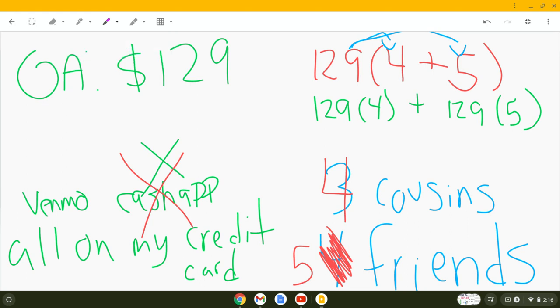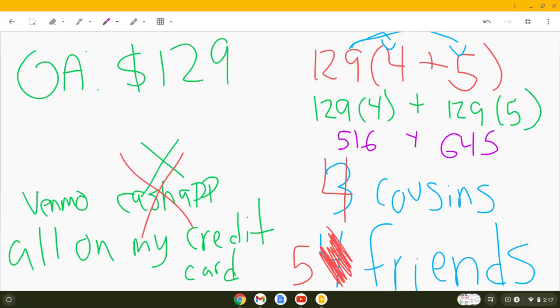Take my calculator there, I'll see that this is going to be $516 for 4 people. And if I'm multiplying the $129 here with my 5 other last minute friends, that's going to be 129 again times 5.